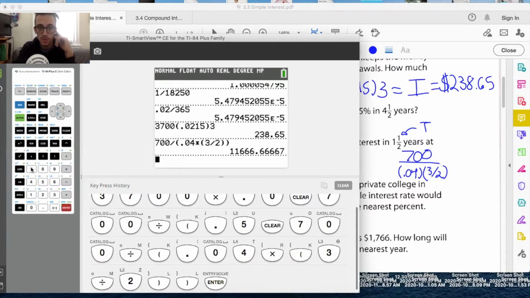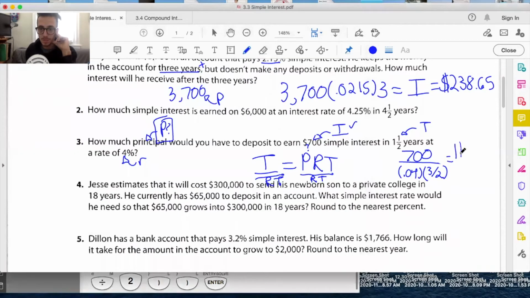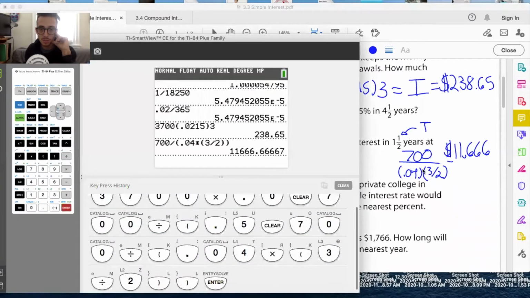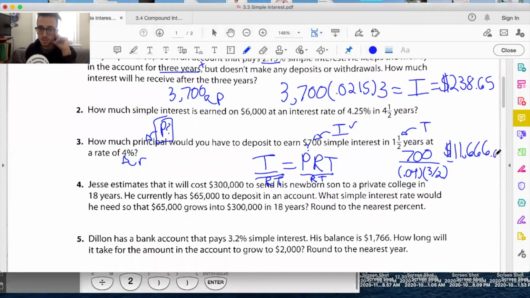Make sure to use parentheses to make that happen. So this is approximately $11,666.67. So there you go. That's how much principal you would need to make that happen.